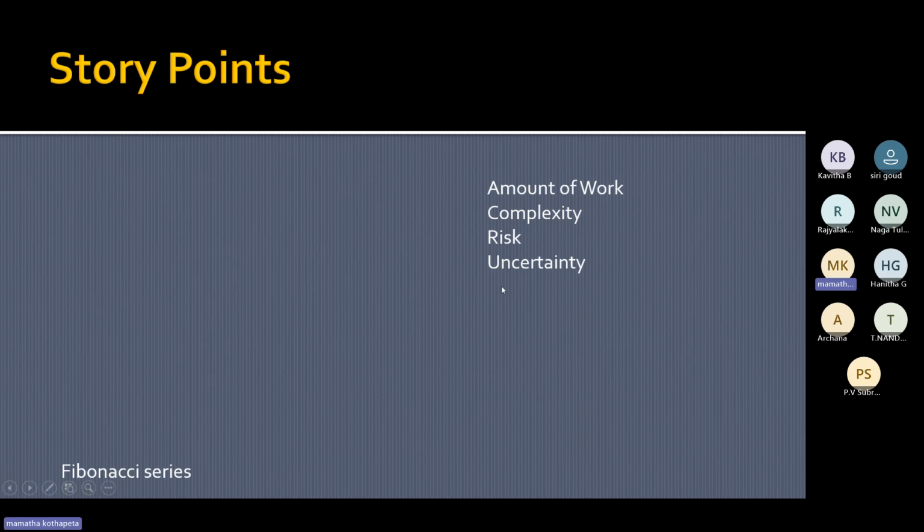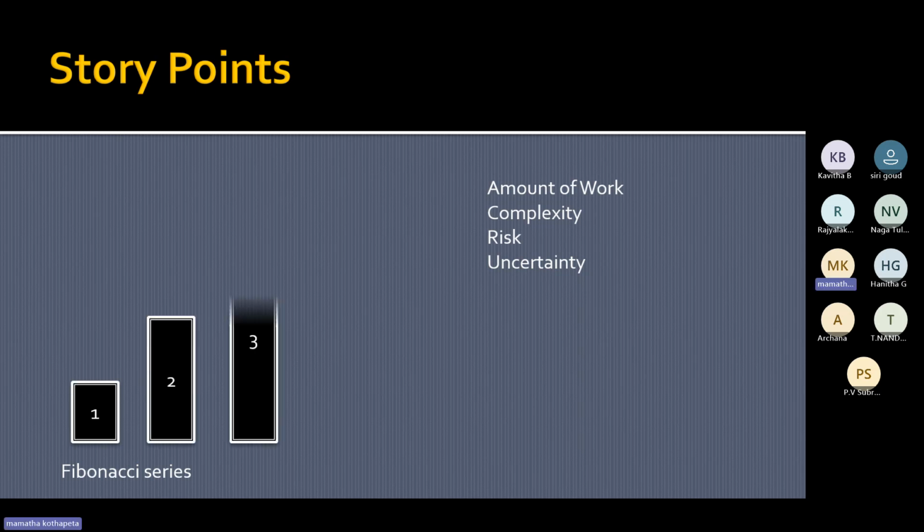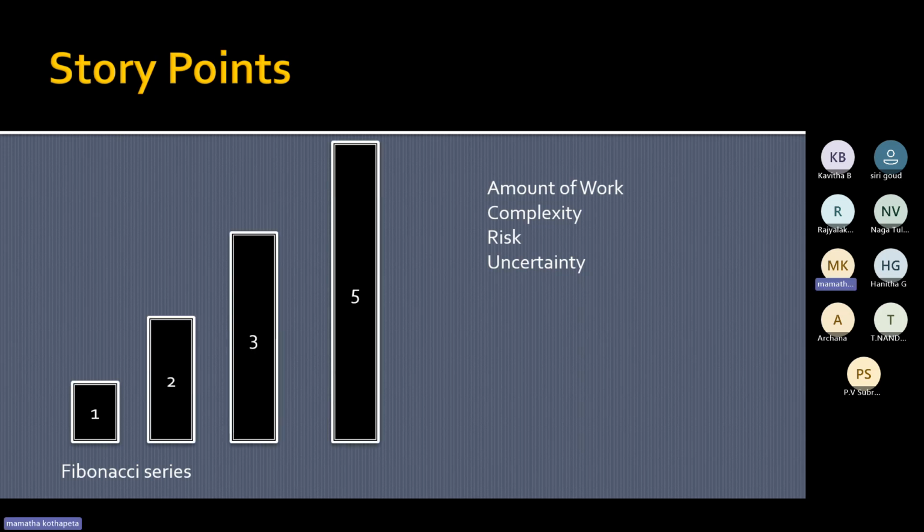Out of all those, you add the points given, say 1, 3, 5, 7, or whatever the Fibonacci series is. If the amount of work is more, we give 5. If the complexity is medium, we give 1.